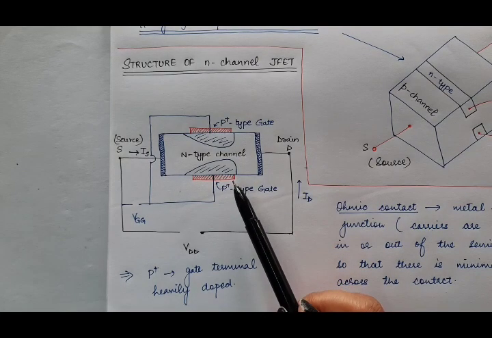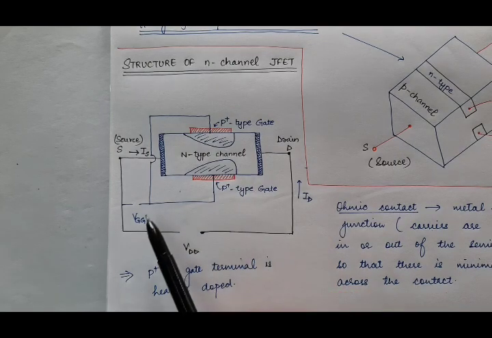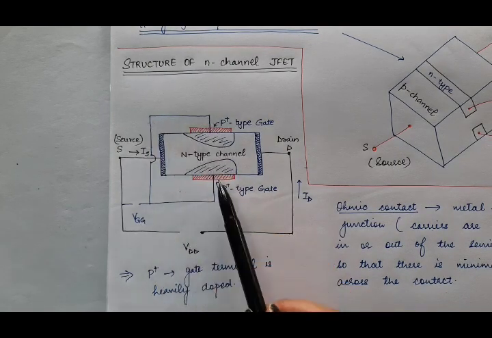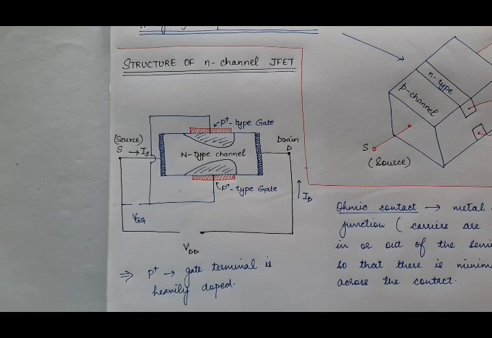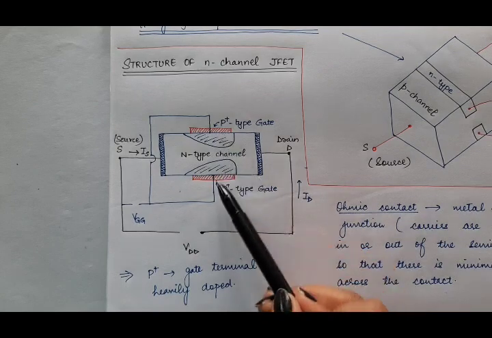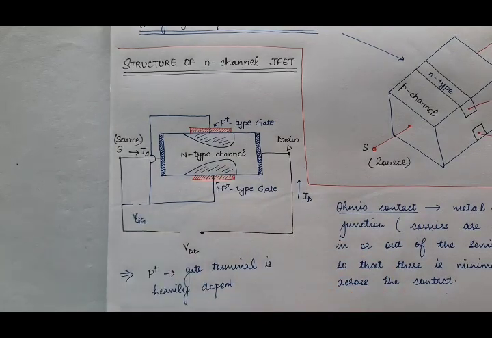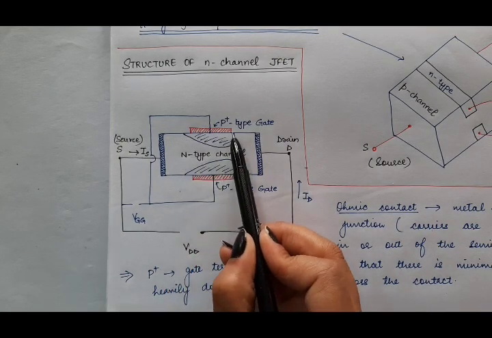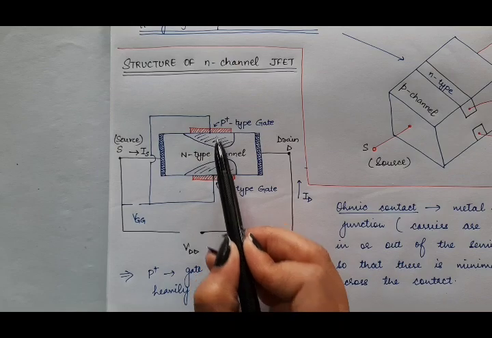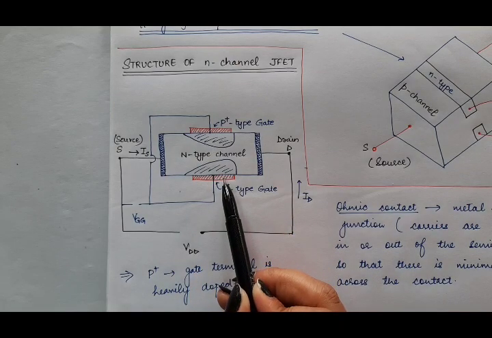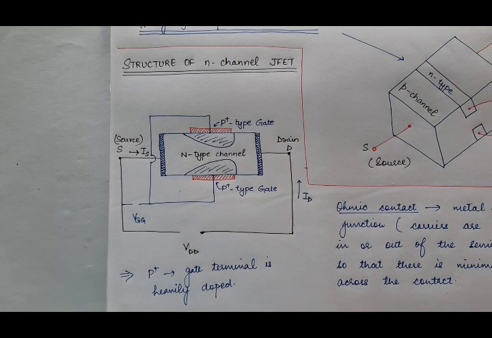When we haven't applied any external voltage across these two PN junctions, the width of the depletion layer across them will remain the same throughout its length.